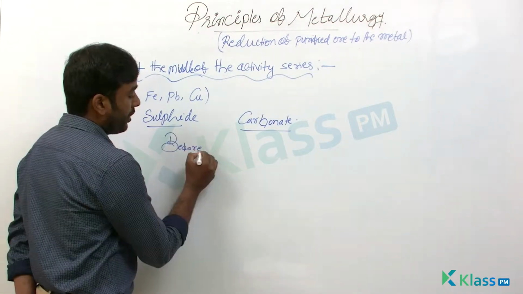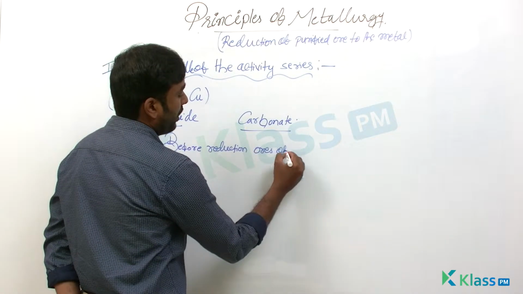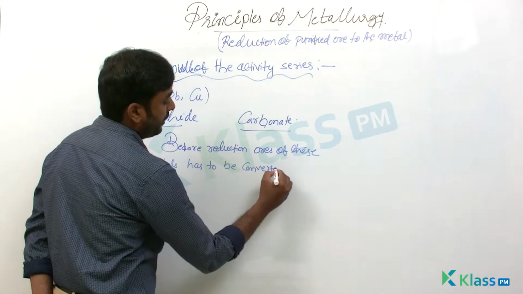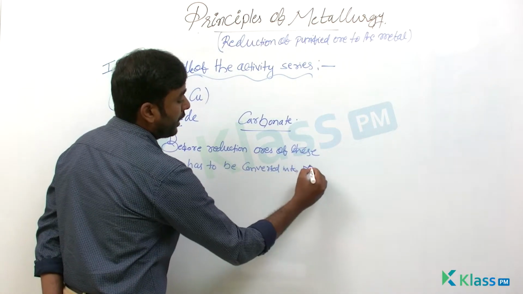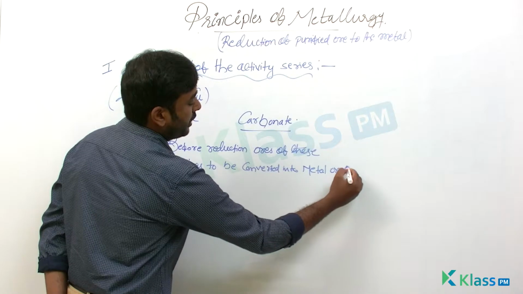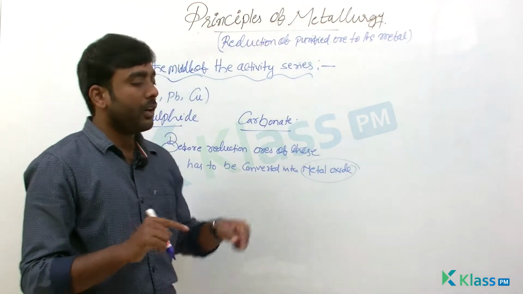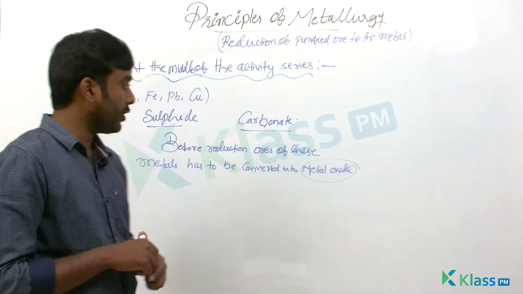First, before reduction, the ores of these metals have to be converted into metal oxides, then these metal oxides should be reduced. That is the process.